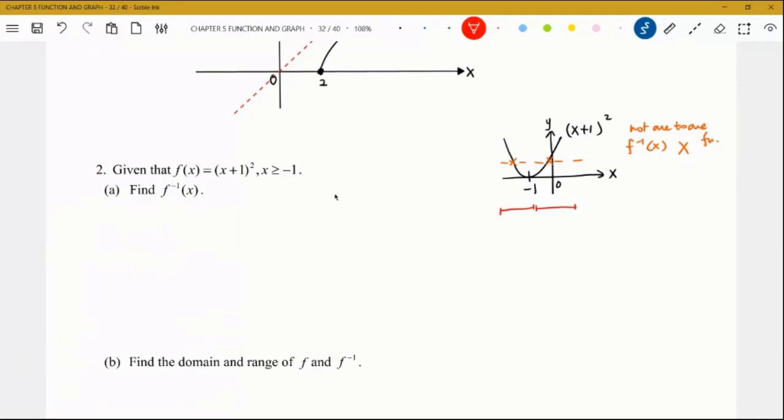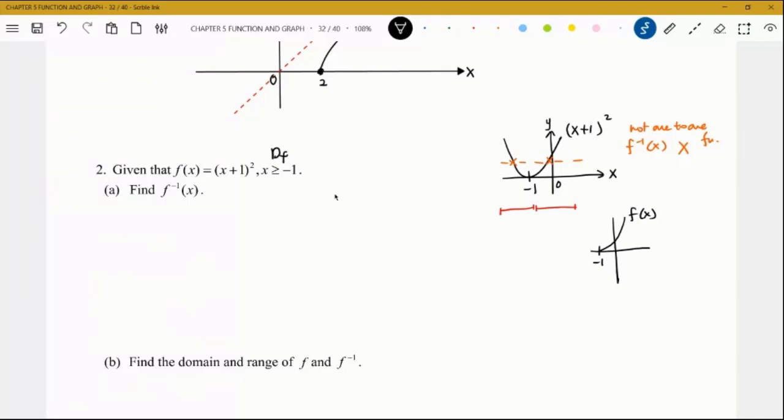Kalau tak ada domain ini, inverse kamu tak akan wujud. Okay. So that's why it state the x greater than equal to negative 1. So this one adalah domain. So bermaksud graf F kita adalah yang ini. Ini adalah F kita. Berdasarkan soalan number 2.